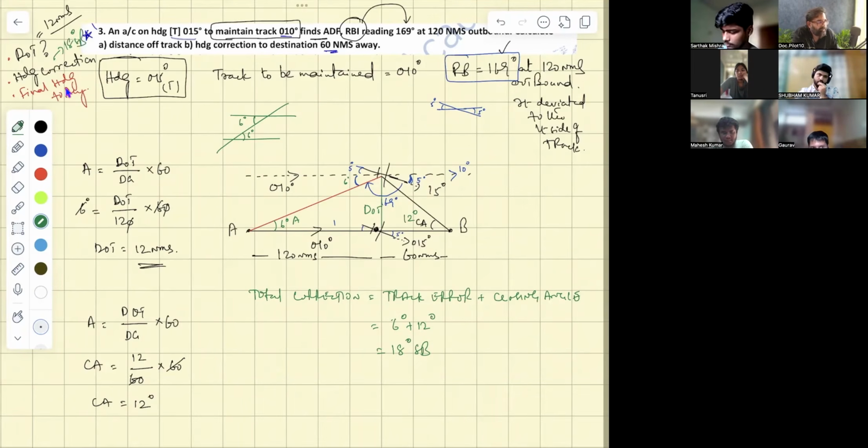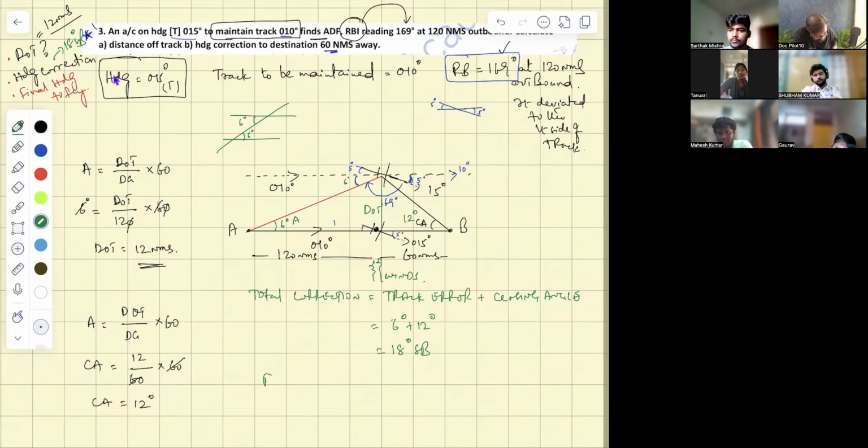Final heading to fly. See, you understand if the aircraft is deviated to the left, that means there are winds like this. Yes or no? The pilot is trying to correct by just giving it 5 degrees. He needs to give 18 degrees more.